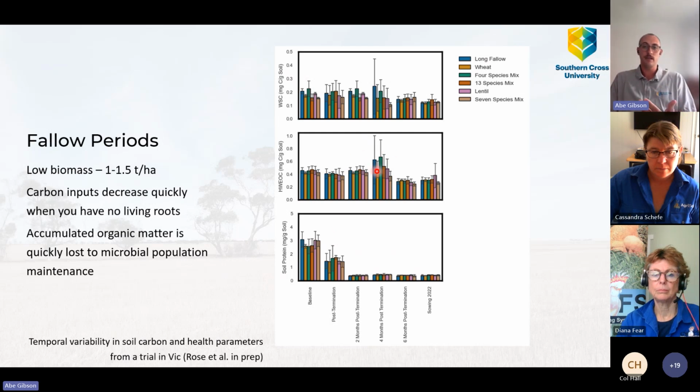So you can see the decrease in our labile carbon, so our fresh carbon inputs, in response to this crash in bioavailable nitrogen. And then as the microbes mine that organic matter, with water limitation over that dry summer and no living roots, we don't see any changes in soil carbon for the system.